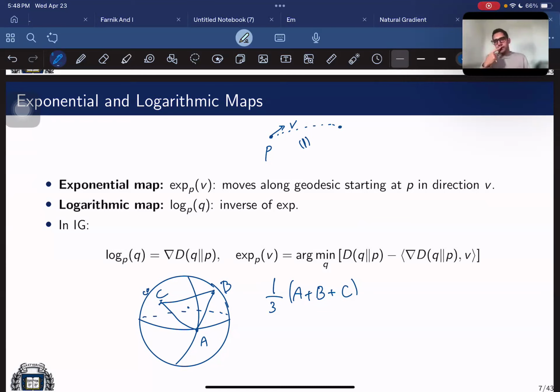Essentially, it means that you have a curve. At time 0, it has point P. The derivative is V at time 0.